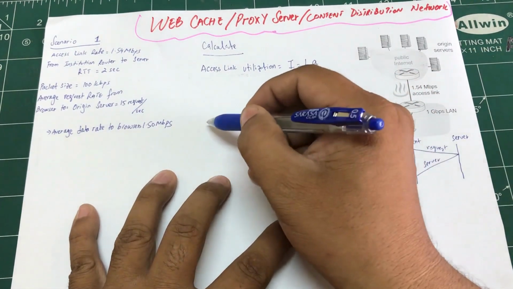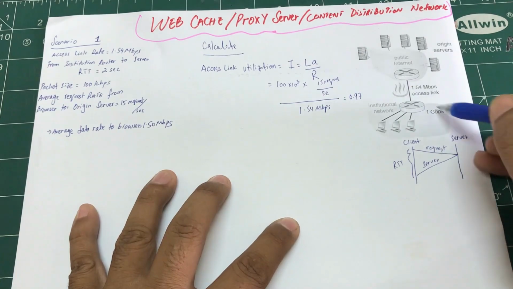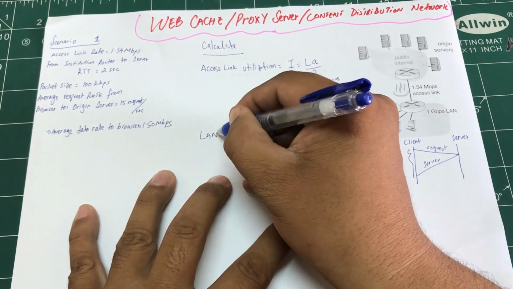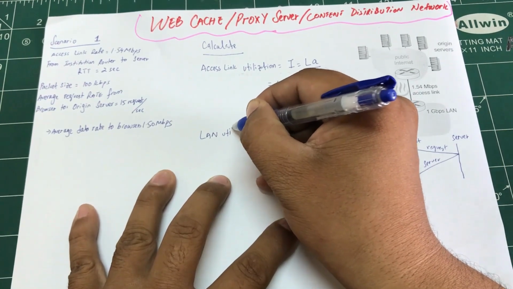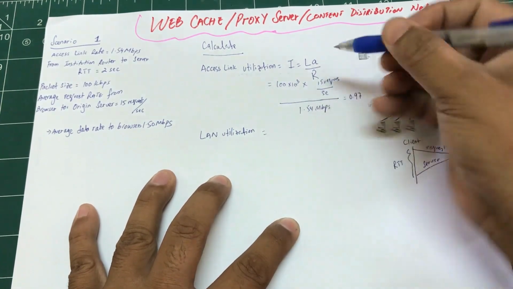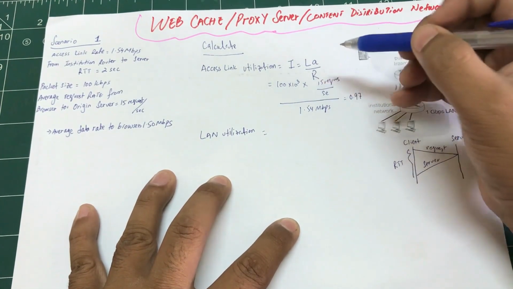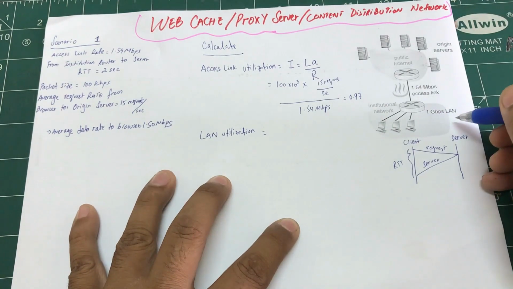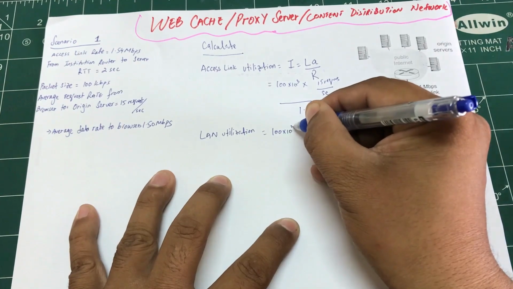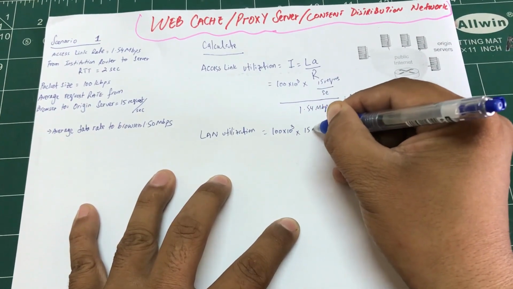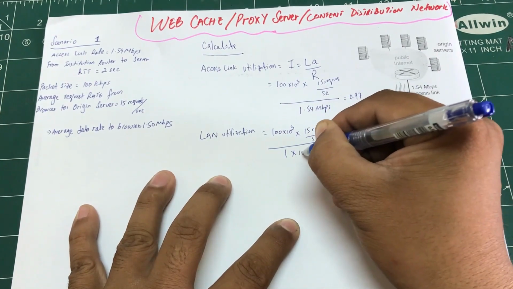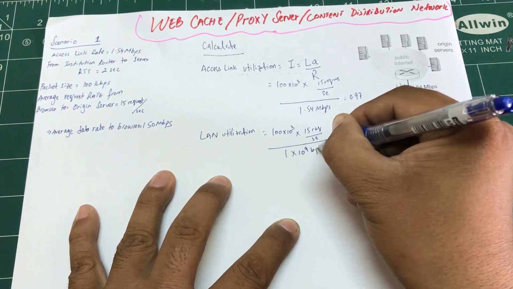All right, now I need to calculate the utilization of my institutional link. So LAN utilization, same thing: exactly the same definition, L times A divided by R. My R is now 1 gigabit per second. So that utilization turns out to be 100 times 10 to the 3 times 15 requests per second divided by 1 gigabit per second, 10 to the 9 bits per second.